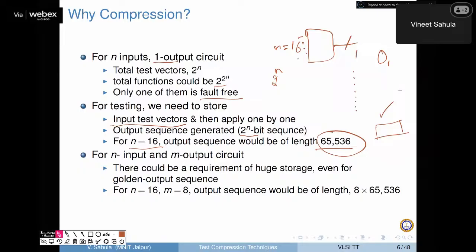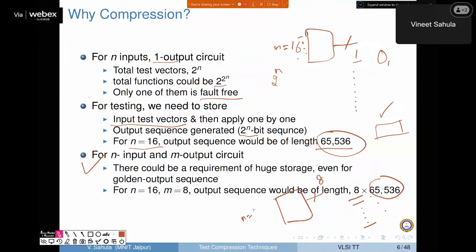Later on, instead of 1-bit output, we can extend it to multiple outputs, maybe 8-bit. So we'll get 8-bit patterns and 65,000 patterns, because input is 16-bit. Total number of patterns we need to apply is 2 to the power n, 65,000.